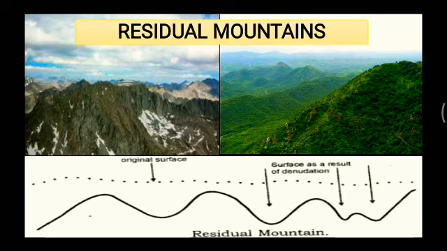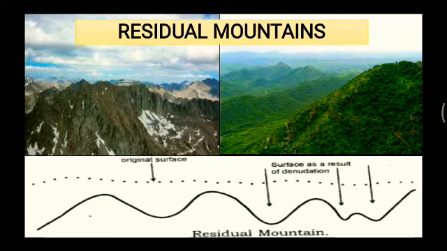Now, once the soft rocks get eroded, the hard rocks remain standing as highlands or hills. These are called residual mountains, or you can also term them erosional mountains. So they are the remains of the already existing mountains.